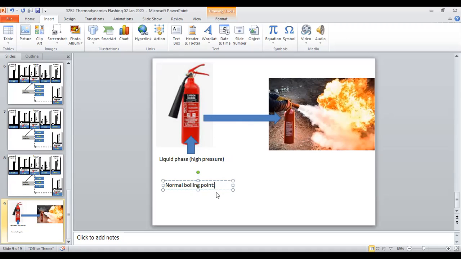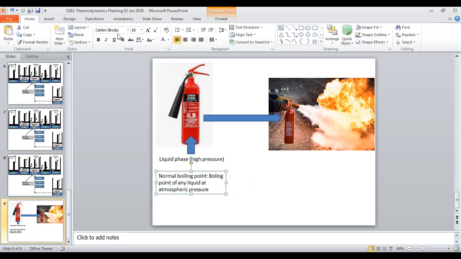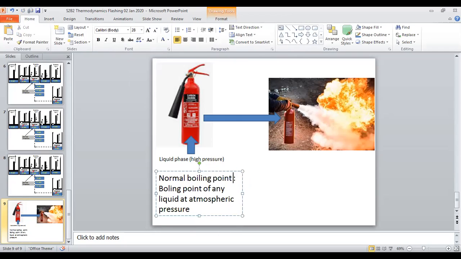Normal boiling point means the boiling point of any liquid at atmospheric pressure. Normal boiling point, we call it NBP.